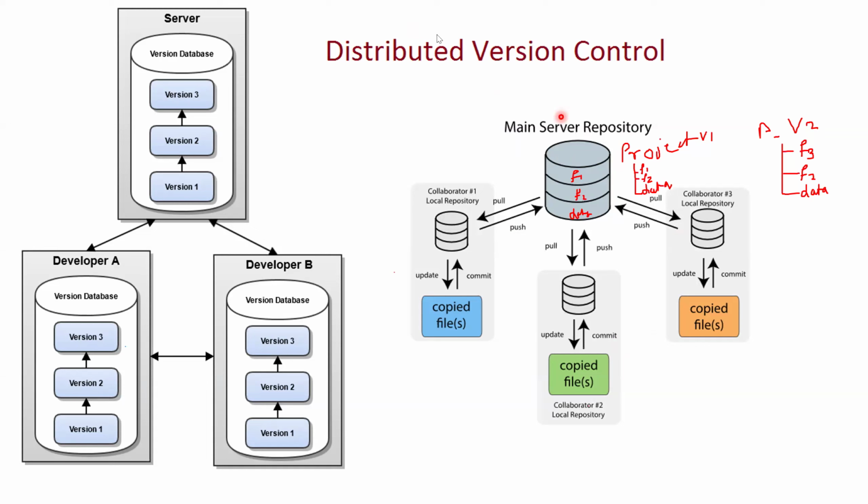What if two or more people push at the same time? That's not going to be an issue. Multiple people can push the code at the same time. But before it is merged to the main server, there is a review.